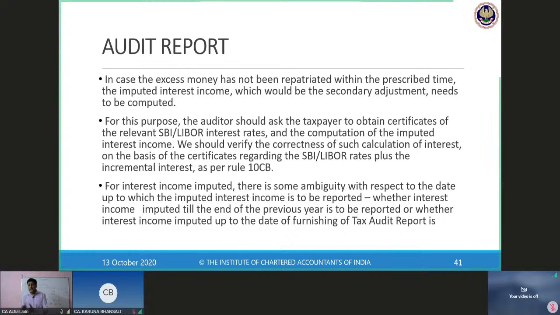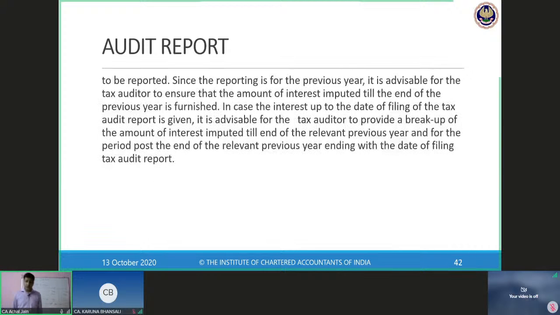For interest income imputed, there is some ambiguity with respect to the date up to which imputed interest income is to be reported. Now, this is as per the requirements of that section. In such a case, whether the interest income which is imputed till the end of the previous year is to be reported, or whether the interest income imputed up to the date of furnishing of the tax audit report is to be reported.